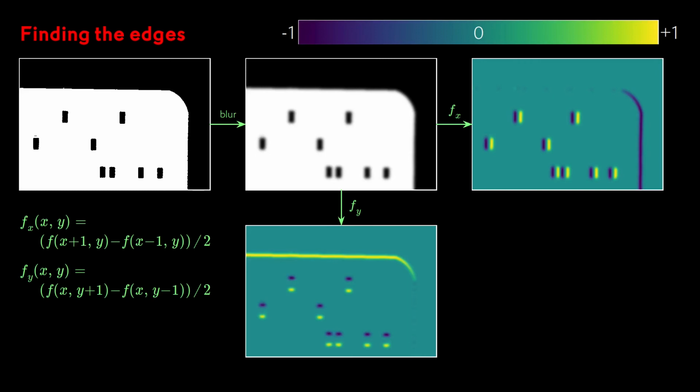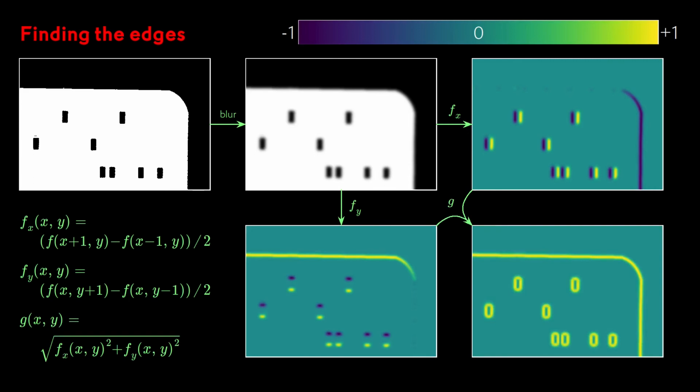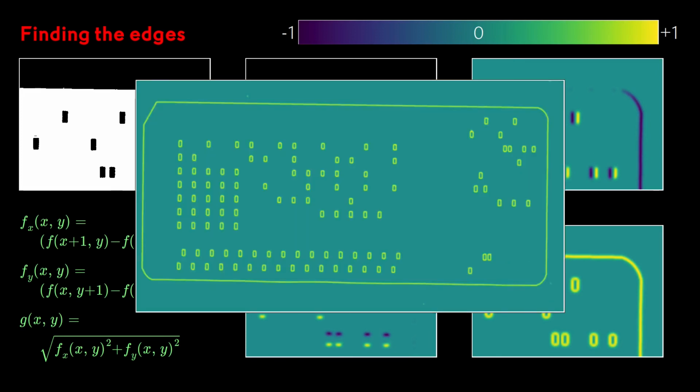If we compute the squares of the x and y differences, add them up, and take the square root, we get a measure of how edgy a pixel appears to be. The result is an image of the entire card, labeled with our edginess score.